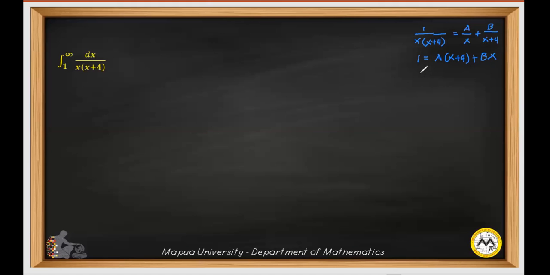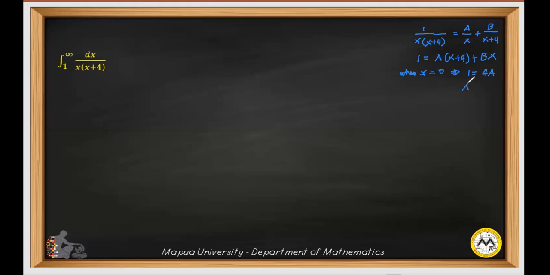And since there are two values of x that make the denominator 0, if we consider x equal to 0, then that will give us 1 is equal to, when x is 0, b times 0 will give us 0. And the first term is a times 0 plus 4, which is simply 4a.